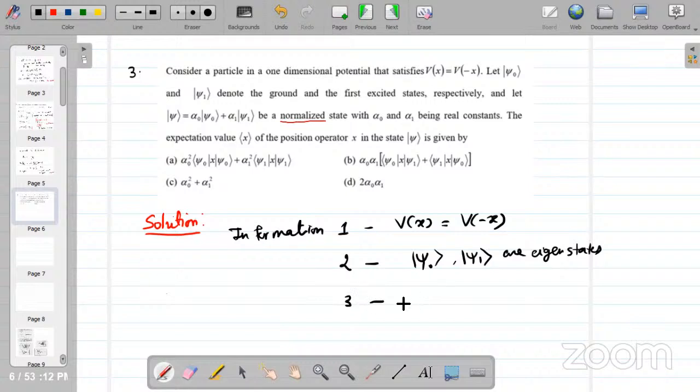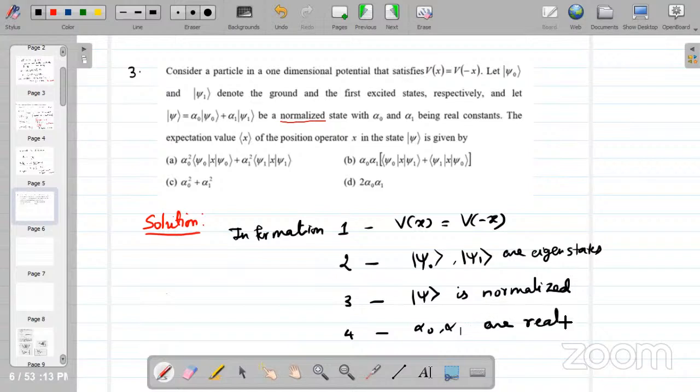Third: psi is normalized. And fourth: alpha naught and alpha 1 are real. So four pieces of information are given in the question.